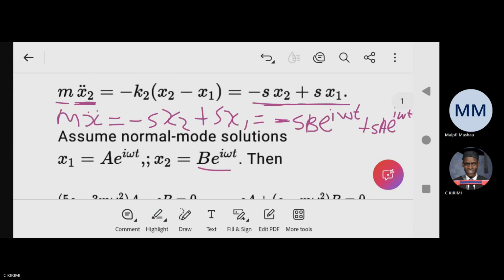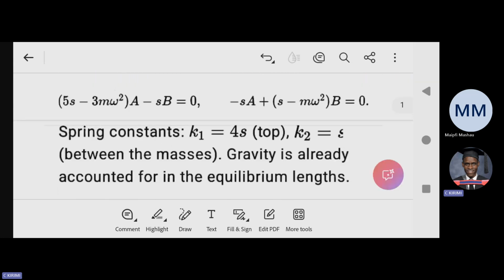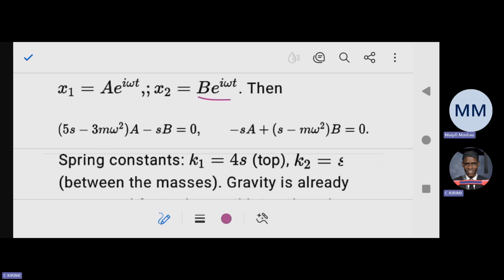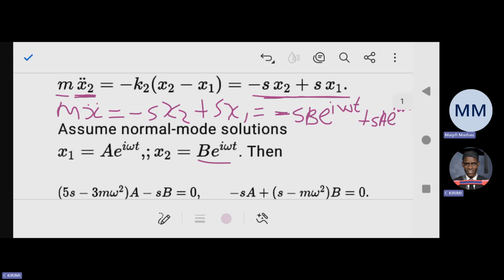Are you seeing everything now? So we are trying to push it here. We are having s A, and we are also having. Where did the other constant disappear to? If I'm to ask you, where did the other constant disappear to?